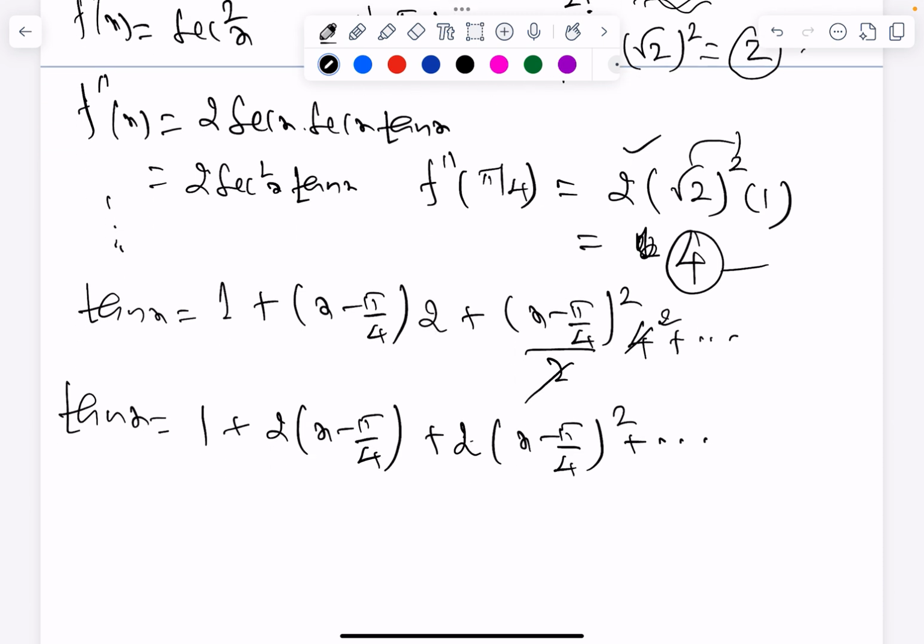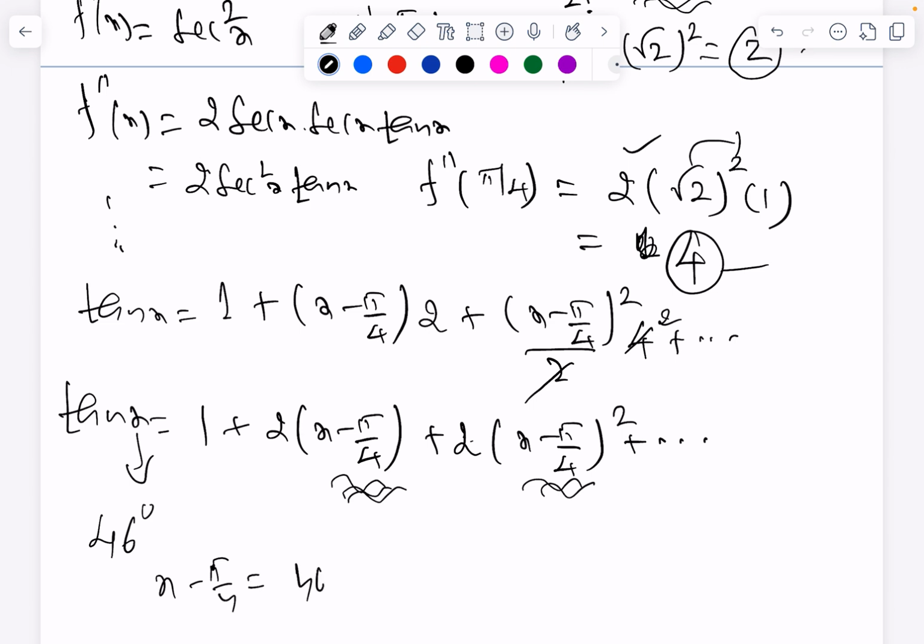Now we would like to find the value of tan 46 degree. But we have this x minus pi by 4. Pi by 4 is 45 degree. So this is 46 degree minus 45 degree, and so that is 1 degree. And we need to convert that degree into radian.